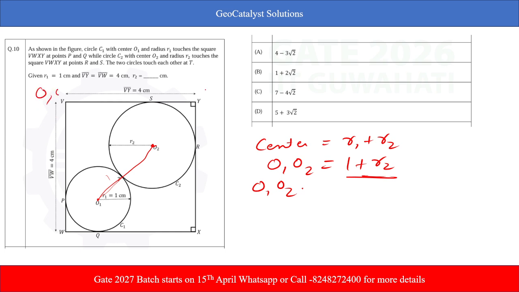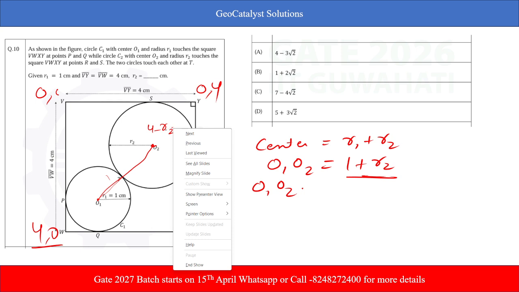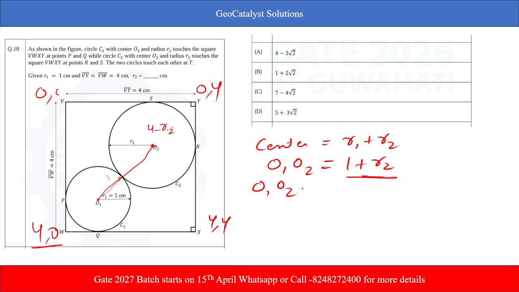So this will be 0, 4. Suppose this will be 4, 4. Anyway, you can take anything as 0, 0 and start from this. So this will be 4 minus R2, comma, 4 minus R2 minus 1. This is 4 minus R2, comma, 4 minus R2.